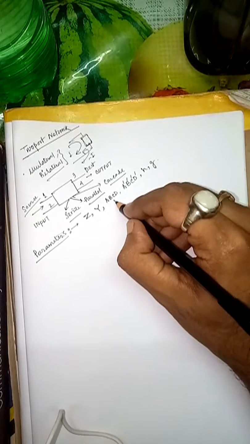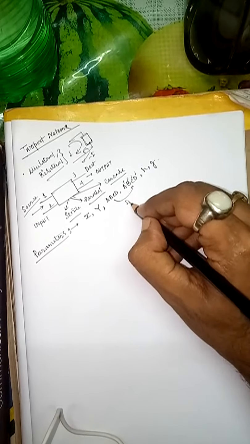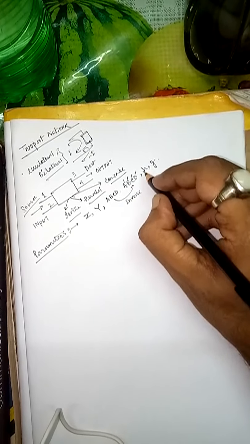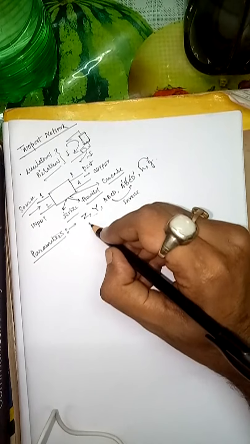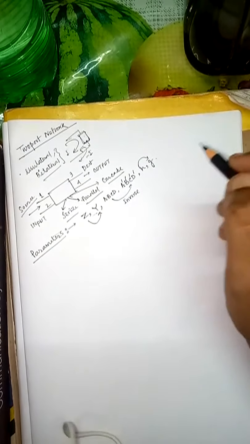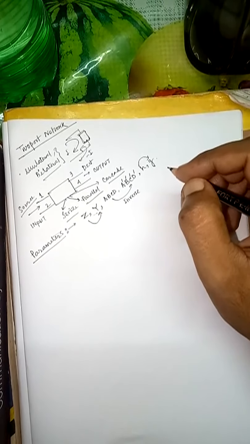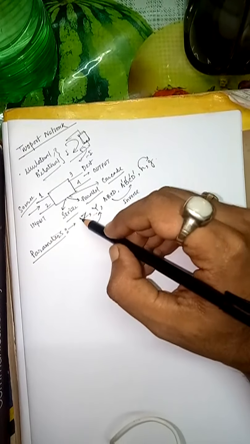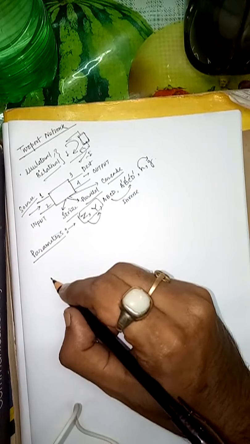Here ABCD parameters and ABCD bar are inverse parameters. In the same way H and G are inverse to each other, and Z and Y are inverse to each other. In today's class we will discuss only two basic parameters: one is Z and another is Y. So what is a Z parameter?